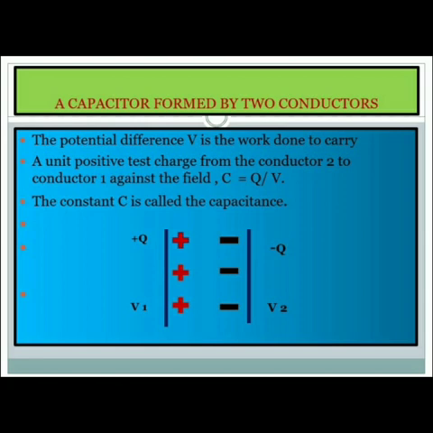The potential difference V is the work done to carry a unit positive test charge from conductor 2 to conductor 1 against the field. Therefore, the formula clearly indicates that capacitance is the charge Q divided by the potential V. The constant C is called capacitance.